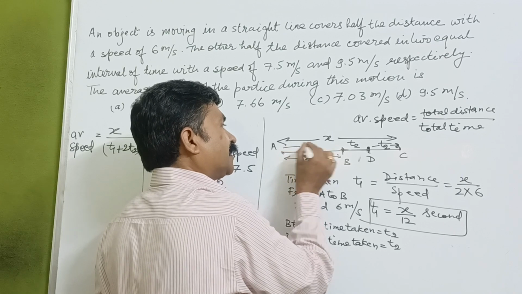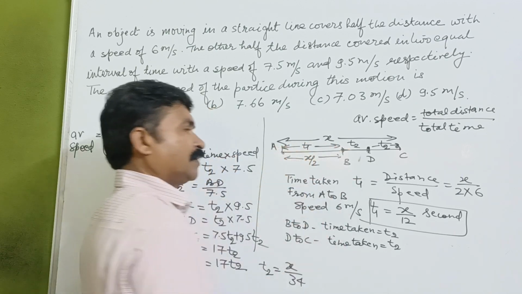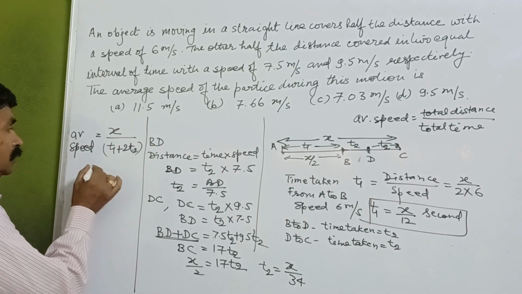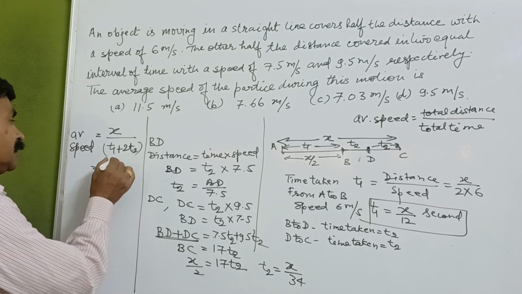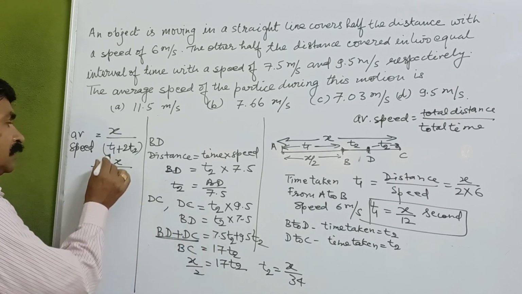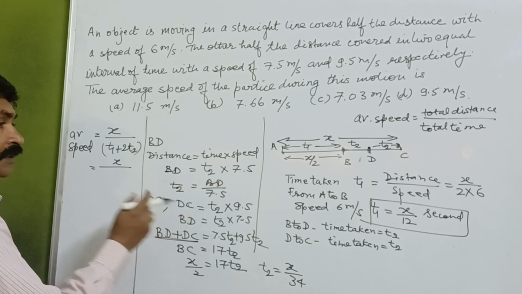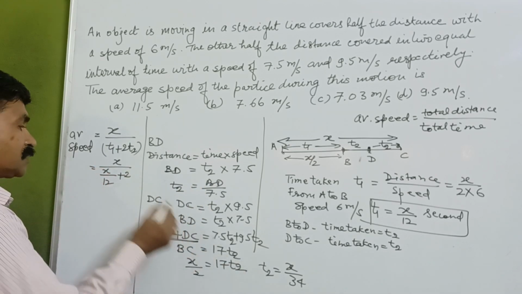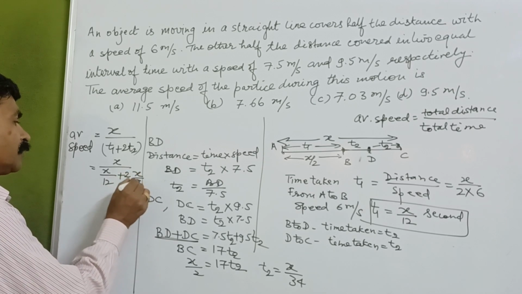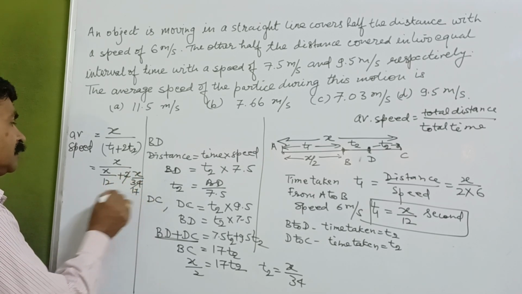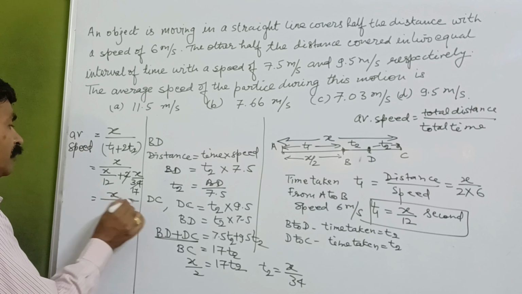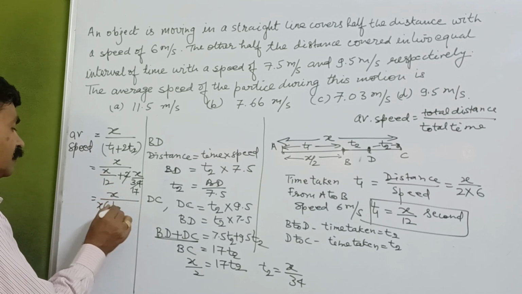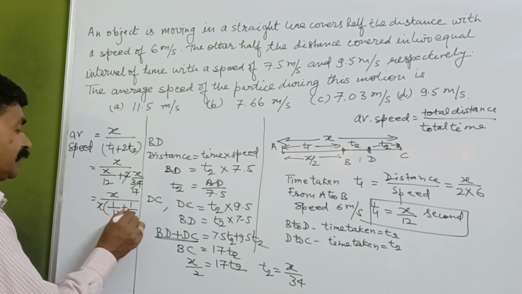Substituting the values, T1 is x by 12, and 2 times T2 is x upon 17. So x upon x times the quantity 1 upon 12 plus 1 upon 17.